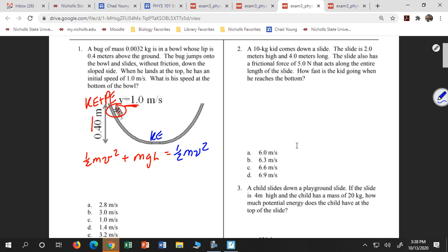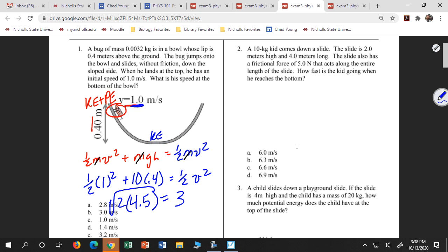Okay, good. So I can cancel out my masses. I'm looking for his speed at the bottom of the bowl. So I have 1/2 of 1 squared, that's my speed here, plus 10 times 0.4 equals 1/2 of v squared. That's 0.5 plus 4, so v is 2 times the square root of 2, equal to 3. So B is the right answer.